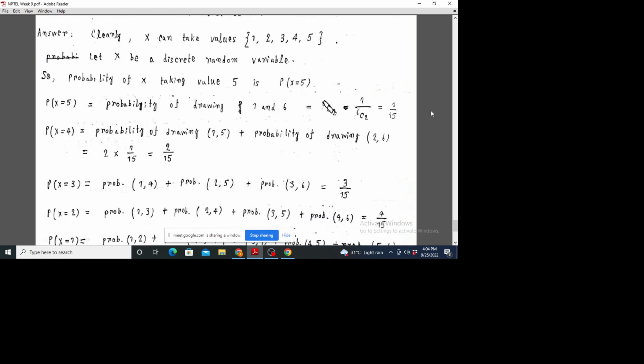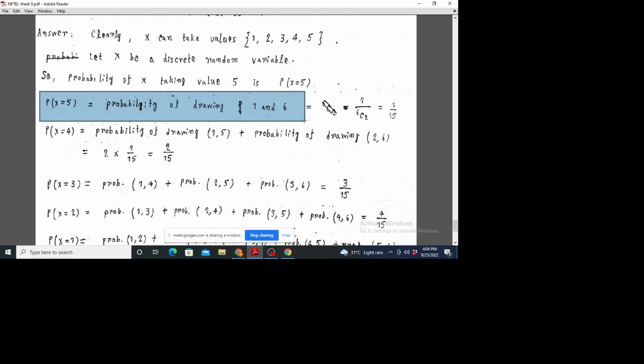So x is a discrete random variable. Now we have to find the probabilities associated with every value of x. Let me denote the probability of x taking the value 5 as P(x = 5). What is P(x = 5)?